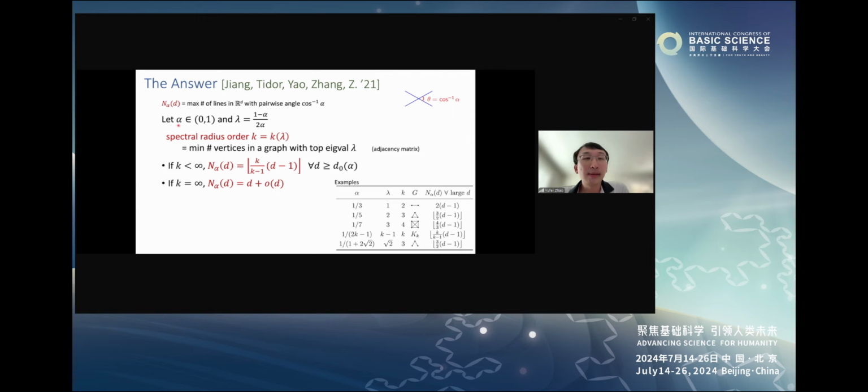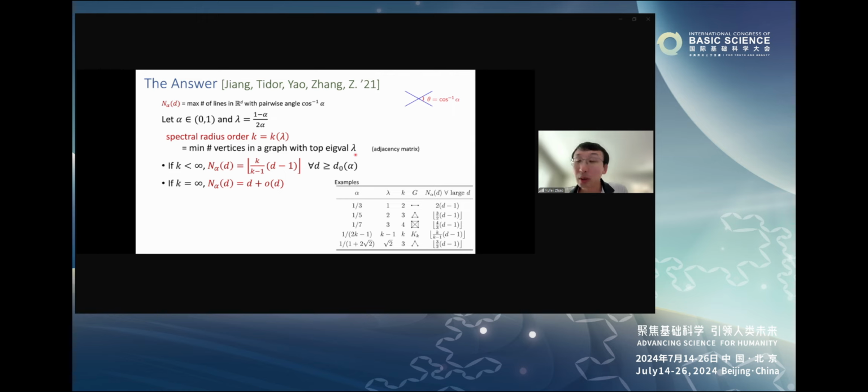Pick alpha, so that is the given inner product, so some number between 0 and 1, and we'll make a transformation. It's lambda. So lambda is (1 minus alpha) over 2 alpha. We define this quantity, the spectral radius order, k of lambda, and it's defined to be the minimum number of vertices in a graph whose top eigenvalue of adjacency matrix is exactly lambda.